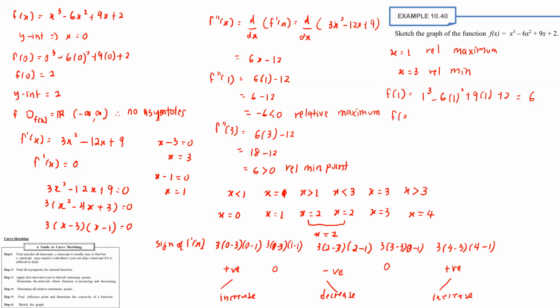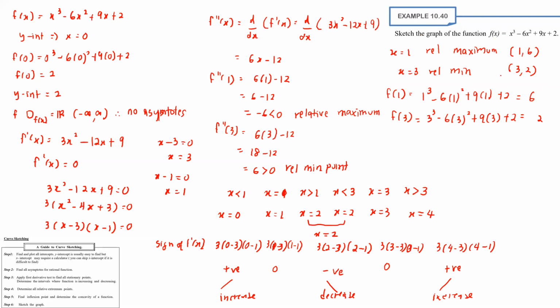How about f3? 3 to the power of 3 minus 6 times 3 squared plus 9 times 3 plus 2 is equal to 2. So the relative maximum is 1, 6, and the relative minimum is 3, 2.